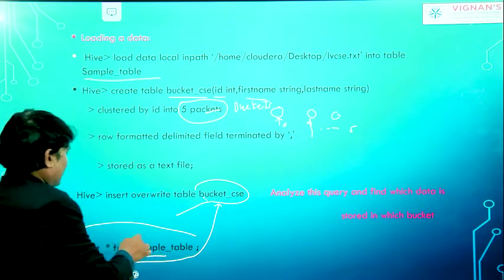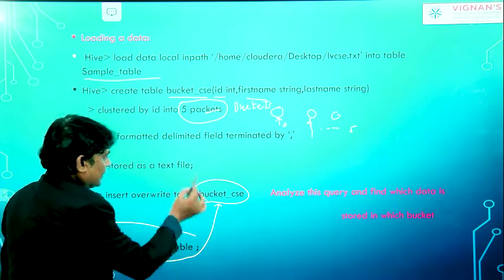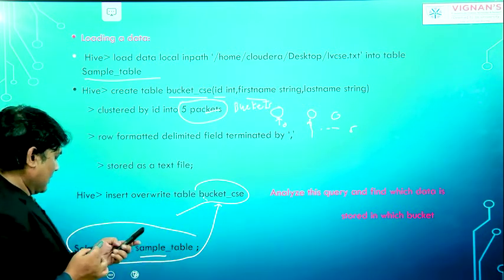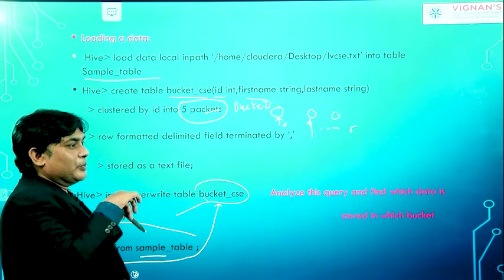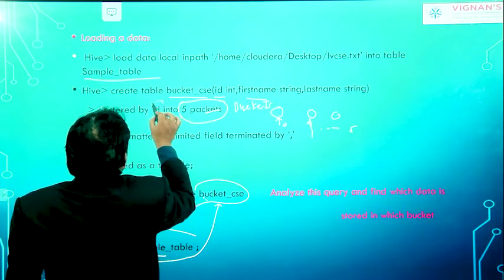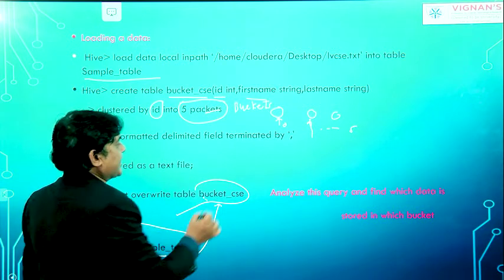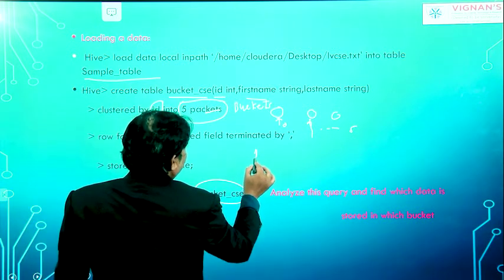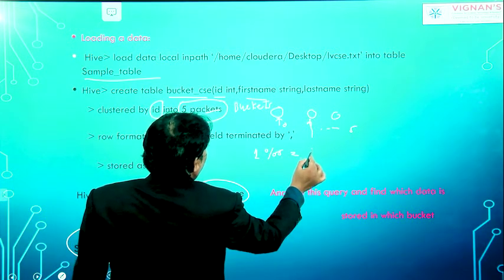So now all the data from sample_table is being loaded into this table, and here we are going to place the data into different buckets based on the ID number. Suppose your ID number is 1. 1 modulo 5 is what? It comes to 1, isn't it?